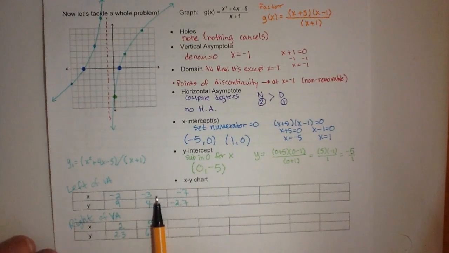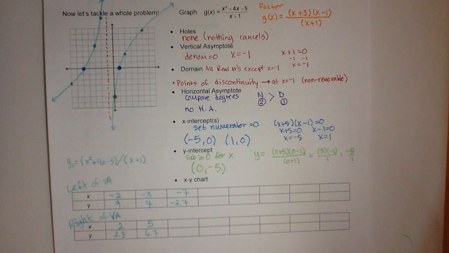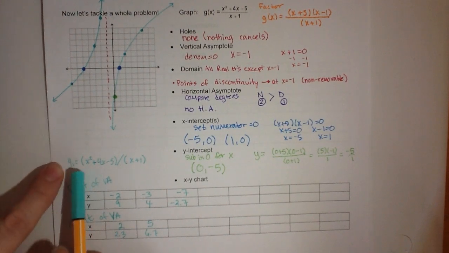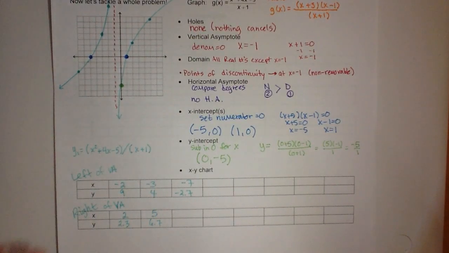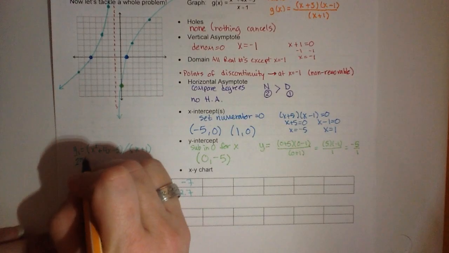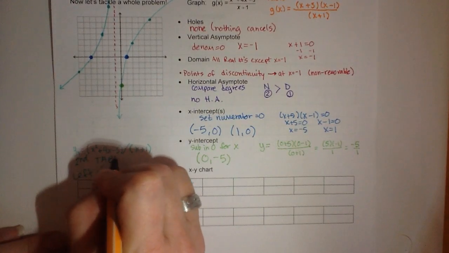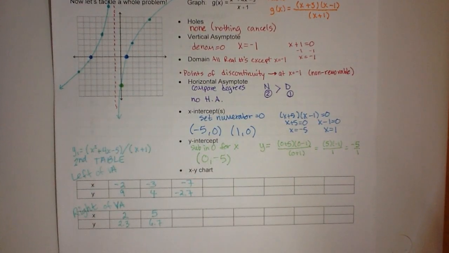Now you don't have to fill up this entire XY chart. Just pick enough dots to draw an accurate graph. So again, we did that by doing y1 equals the numerator over the denominator, and then we used second table. If you want, write that down to remind yourself how to do that.